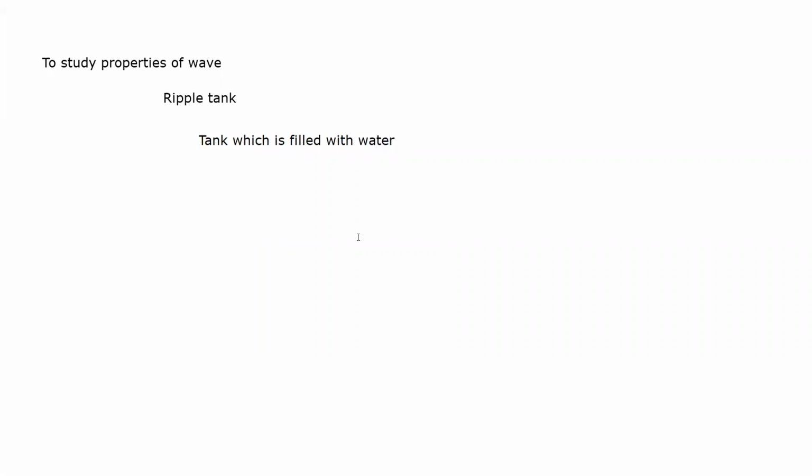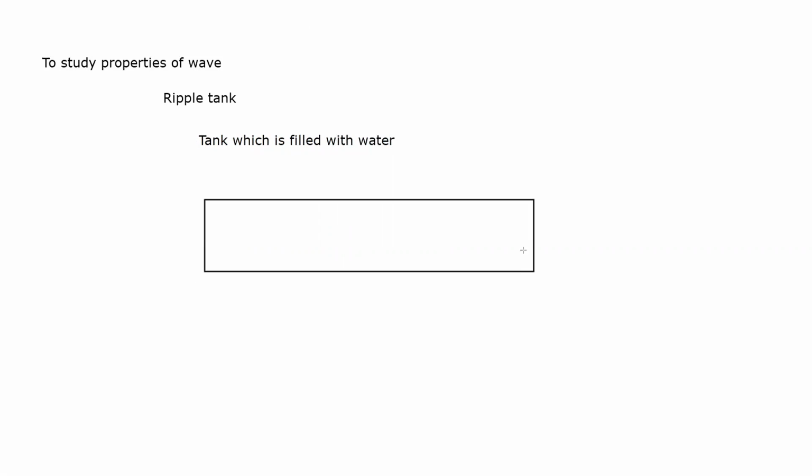And why do we call it a ripple tank? Because it's easy to produce water waves. Like you have a container and it is filled with water. A tank which is filled with water, we call a ripple tank.